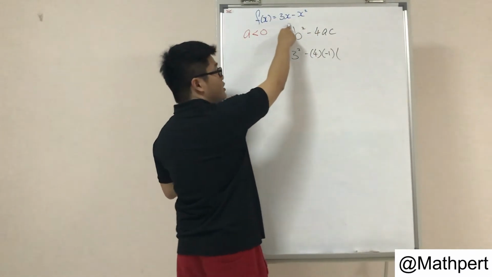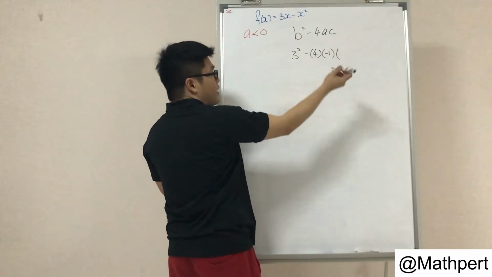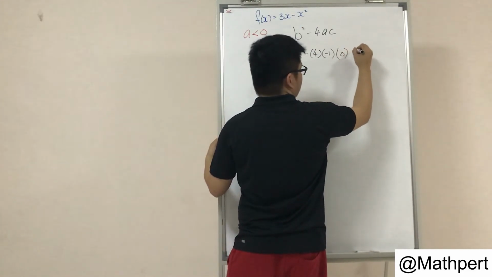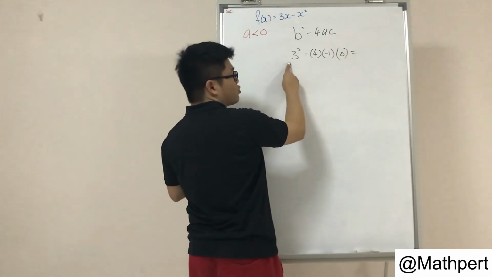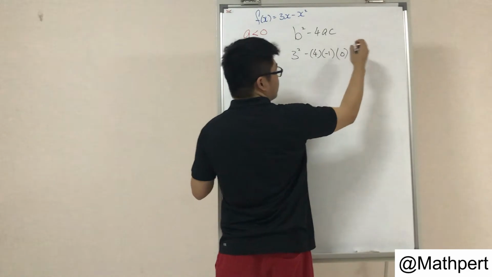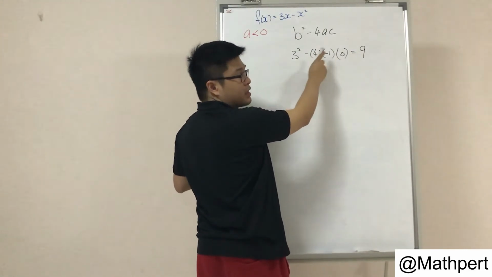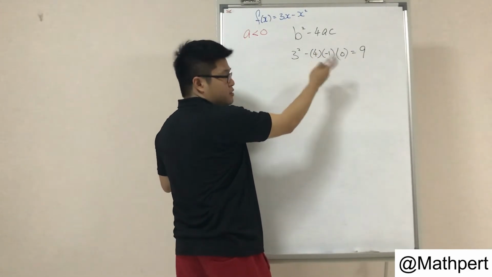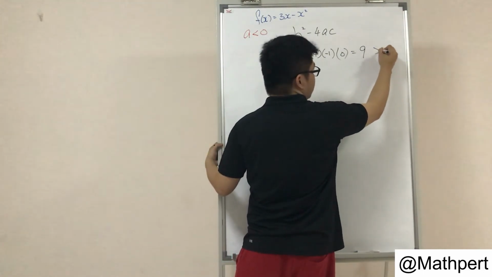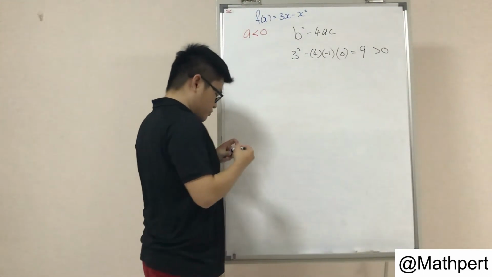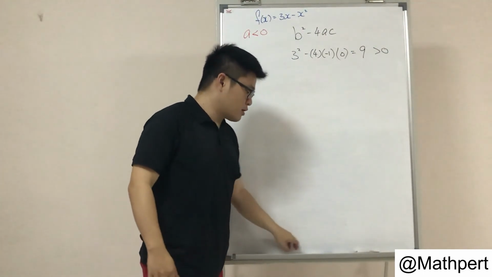And do we have any c here? No, right? So it's 0. So this is equal to 3 squared is 9, minus 4 multiplied by -1 multiplied by 0 is 0. So 9 is bigger than 0. So how does the graph look like?